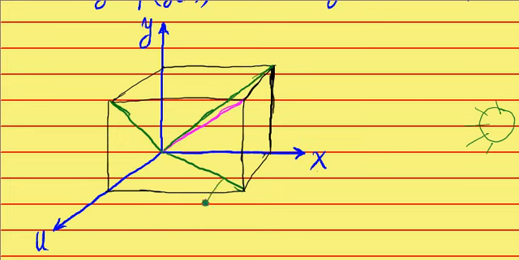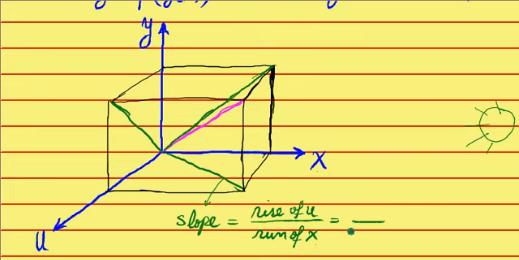So suppose here, if I want to talk about slope of this line, I'm going to talk about it in terms of rise in U divided by run in X. Rise of U divided by run of X, or change in U divided by change in X. Instead of using these words rise and run, it's a bit more professional to use the word change.